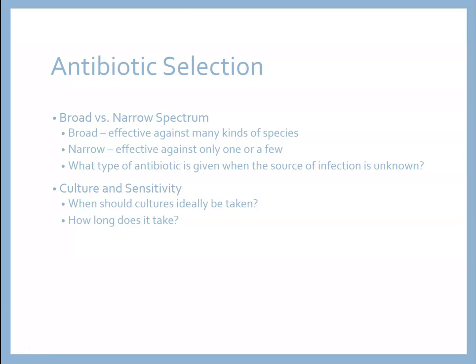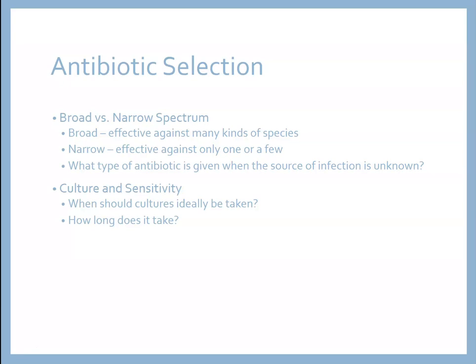Now, if you think about it, what type of antibiotic would be given if the source of infection is unknown? Like our febrile neutropenia patient who comes in, well, probably we're going to give them a broad spectrum antibiotic because we don't know what the offending organism is. And until we do, we don't want anything to kill our patient.